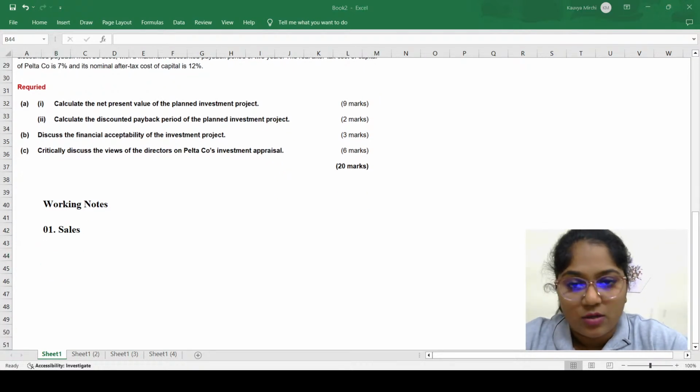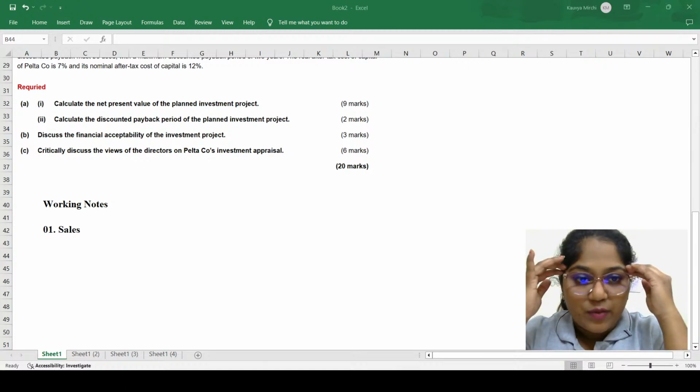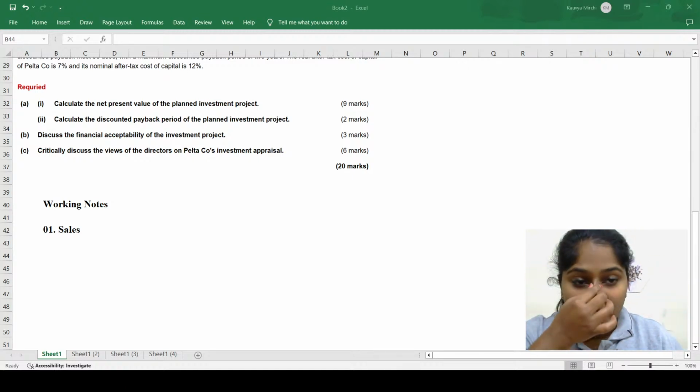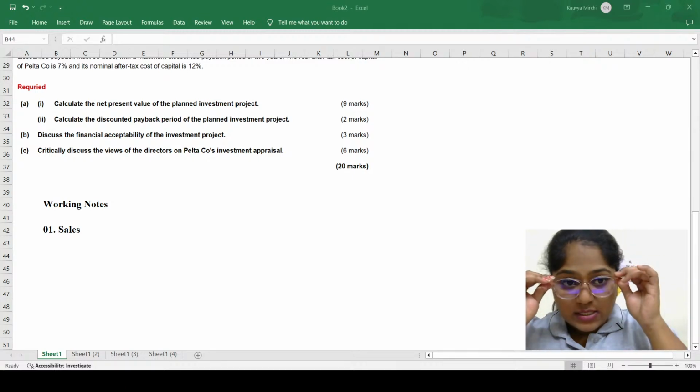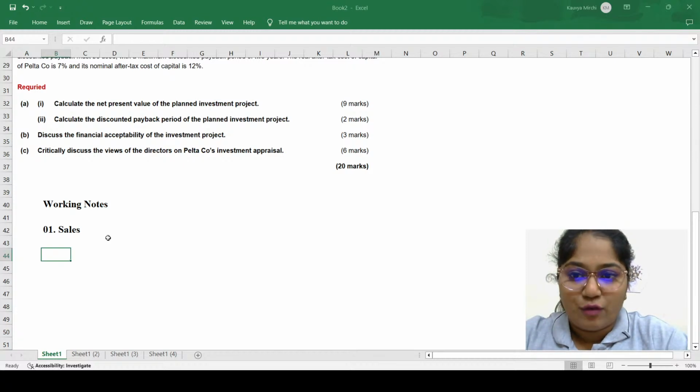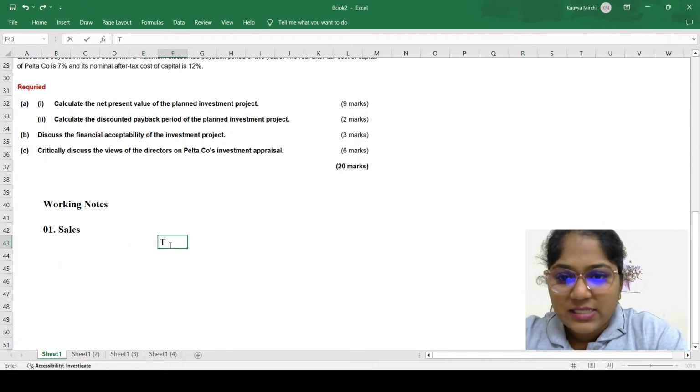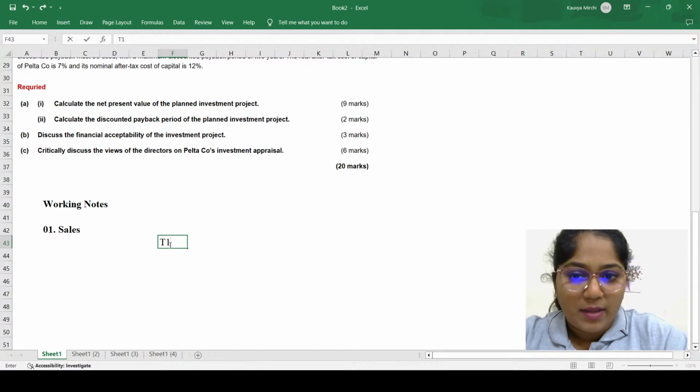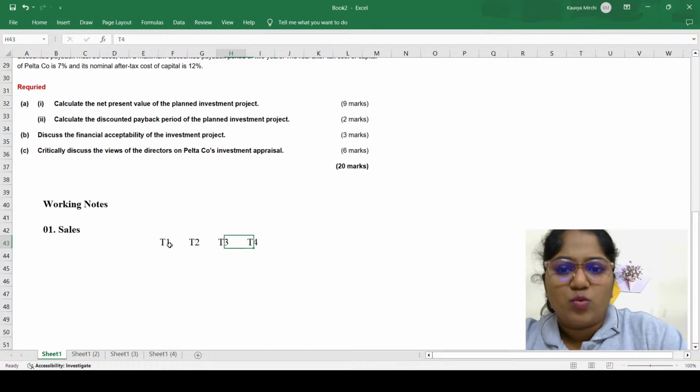Terminologies are very important, and timing of cash flow is very, very important when it comes to your NPV calculation, people. So what is this timing of cash flows? Do I make any sales on T0? No. But I would make a sale on T1, then T2, then T3 and then T4, 4 years. What is T1?